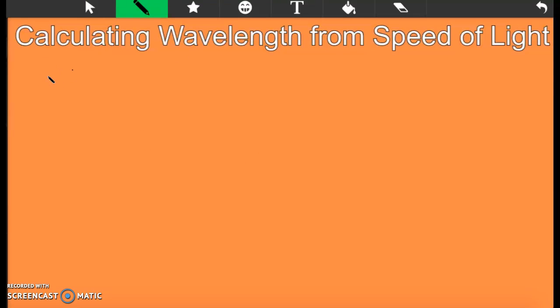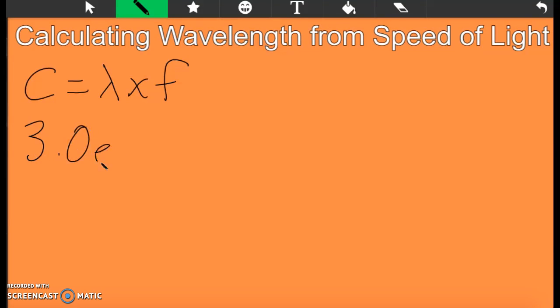So we're going to say we have constant equals wavelength times frequency. Constant never changes, so 3.0 e to the 8th meters per second equals, we're calculating wavelength, so we're going to say we don't know it, times our frequency.